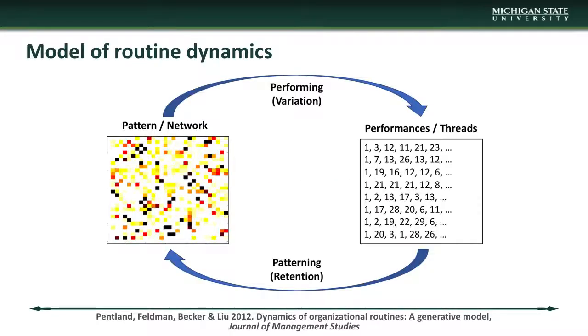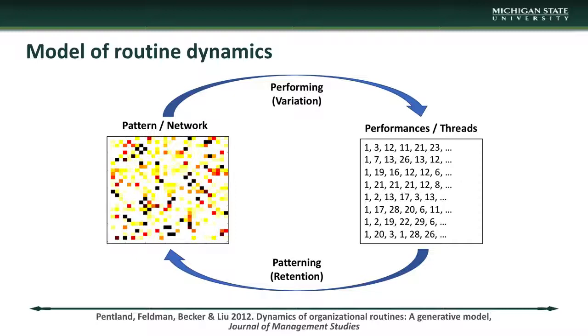Well, this model of routine dynamics is the thing that we're really trying to understand. This is derived from a paper we wrote a few years ago. If you look on the right-hand side, you'll see a set of sequences of numbers which represent performances of a routine, or threads, or stories coded as integers.